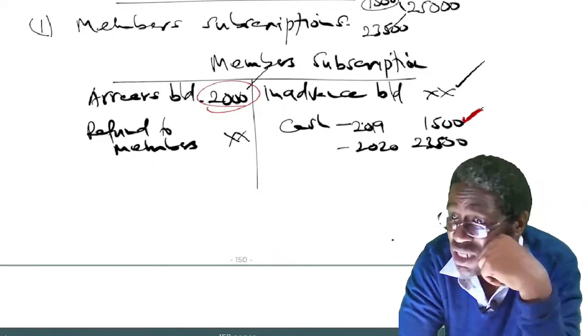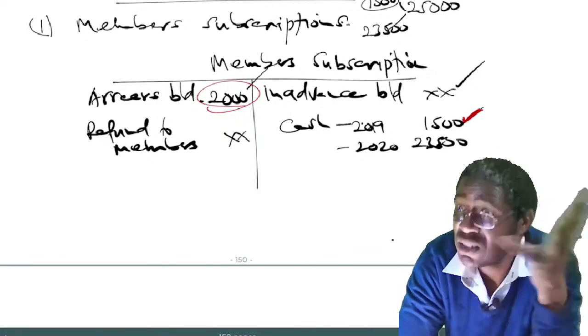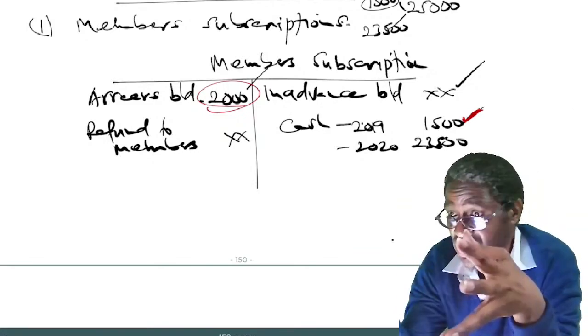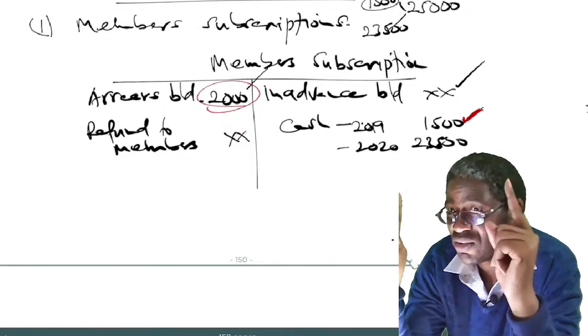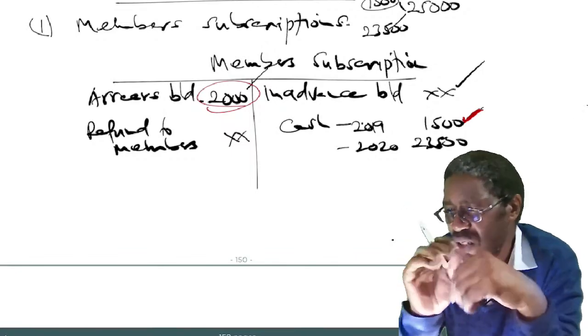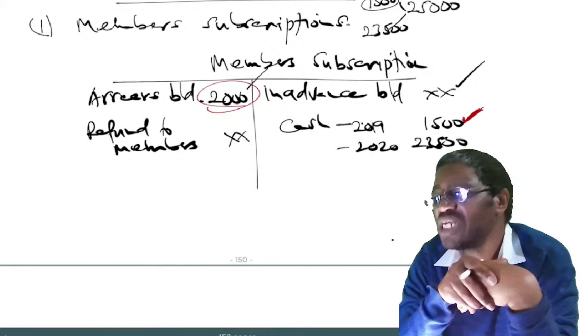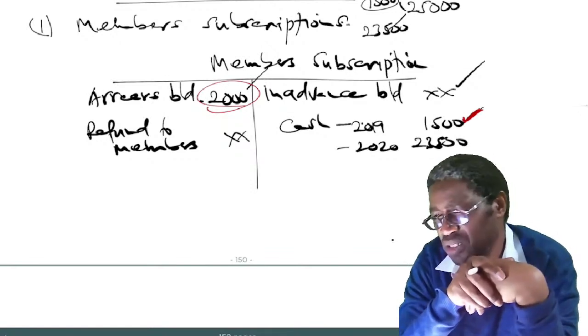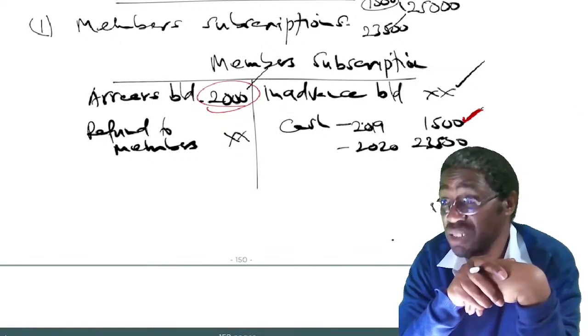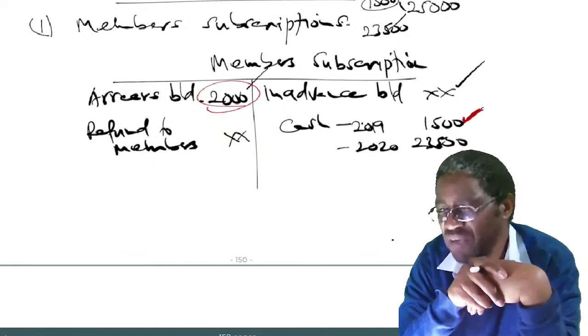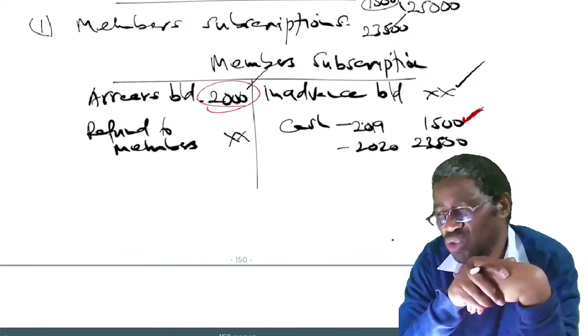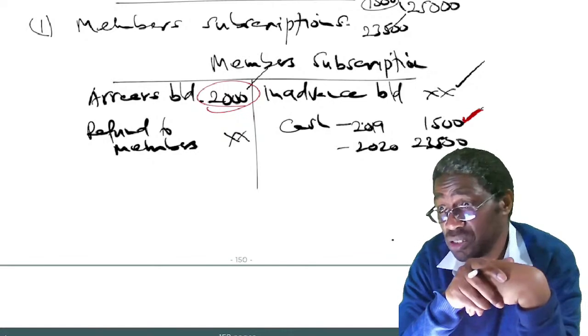That will affect 3 years now, because it's for last year, this year, next year. Now, out of 2,000, if we have only received 1,500, then it means the other 500 will still be in arrears for more than a year.